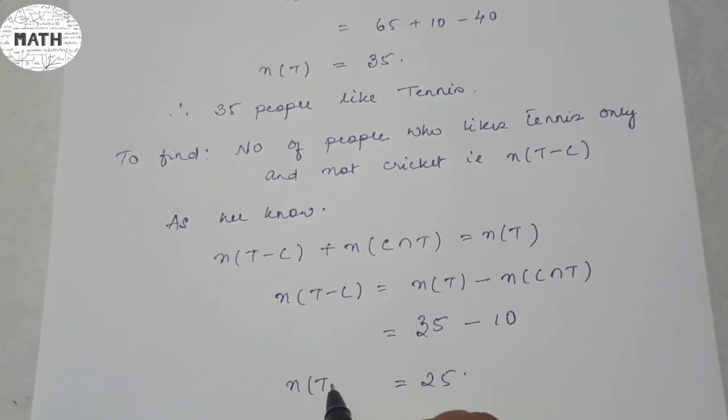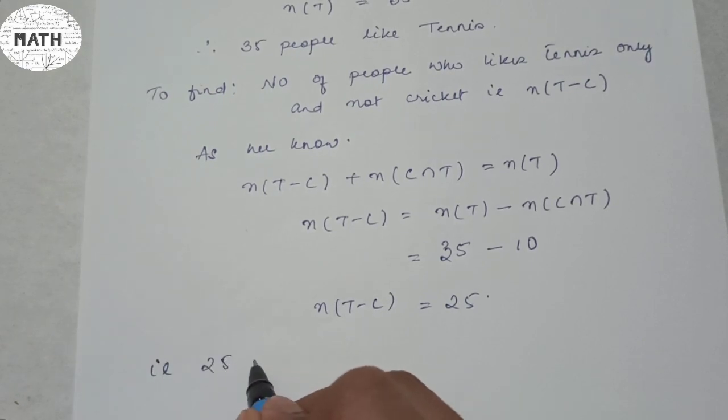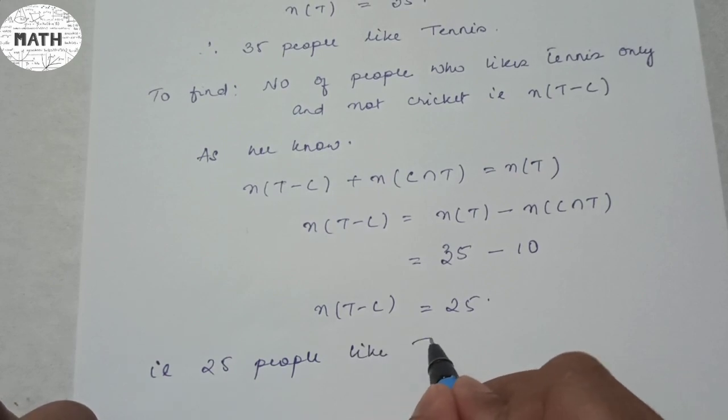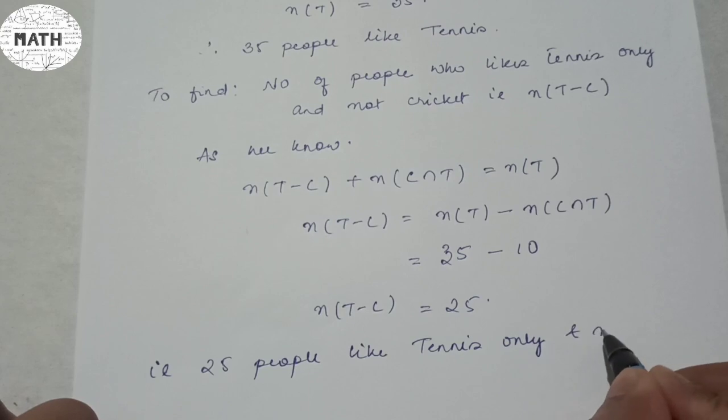That is n of t minus c. So in short, 25 people like tennis only and not cricket.